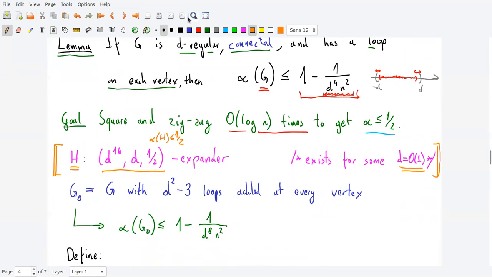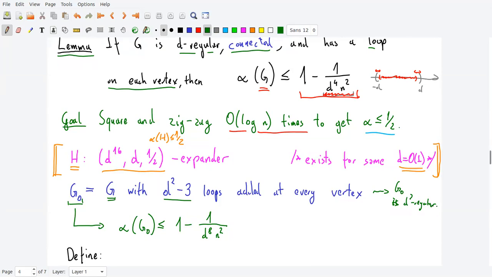So now from the graph G, which recall was d-regular, we make a graph G0. This is the base thing in our construction. I take the graph G and I add many loops at every vertex. More specifically, I add d square minus d loops at every vertex, in this way turning G into a graph G0 that is d square regular.